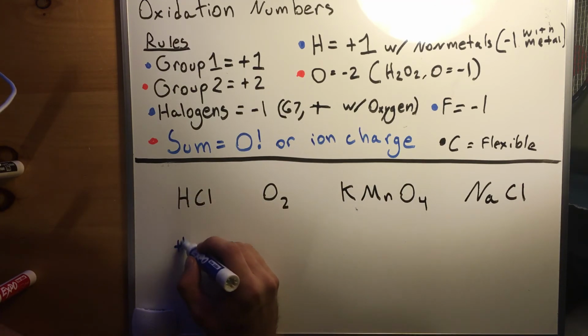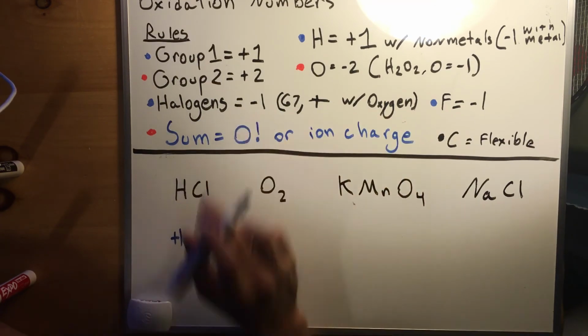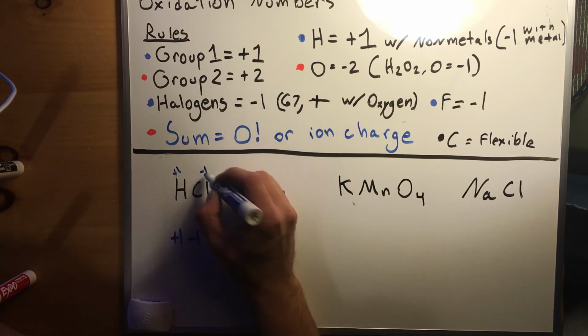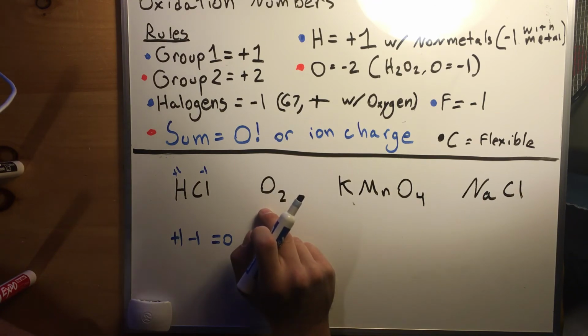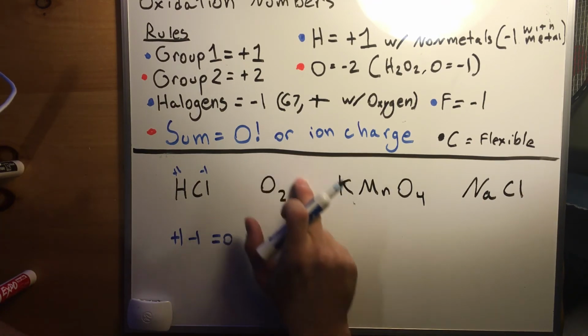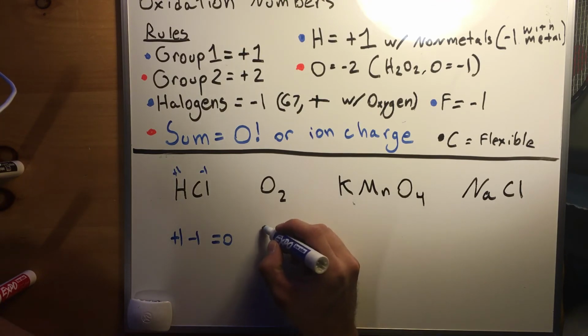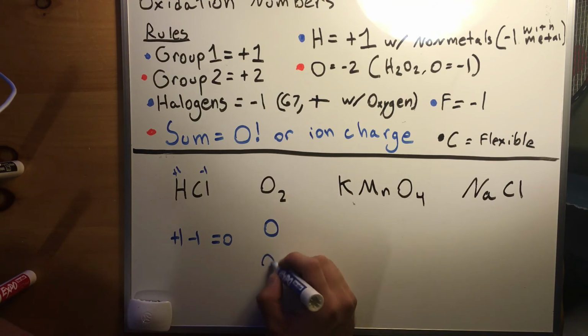Hydrogen we know +1, well, chlorine's a halogen, so it's most likely -1, perfect. +1, -1. O2, now this rule I haven't gone over yet. An atom by itself is always 0. O2, 0.